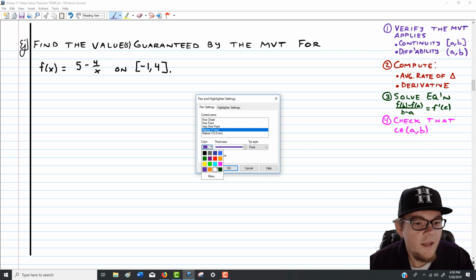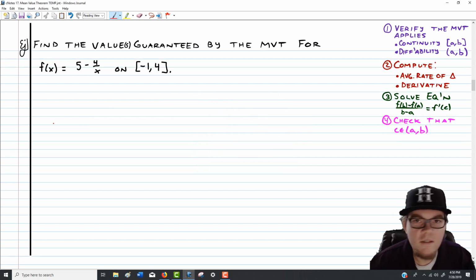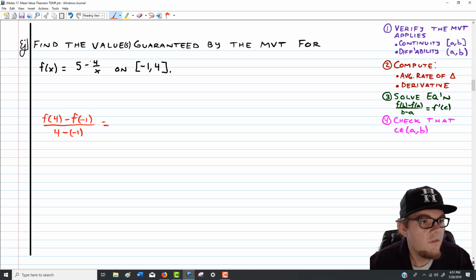With this problem, if you barrel into the situation and just start working through, you'll end up in a really awkward spot. In fact, watch this magic. If you just jump right into the average rate of change equaling the derivative, here's what's going to happen to you. Everything will feel just fine as you begin. If you plug in 4, you get 5 minus 1, which is 4.